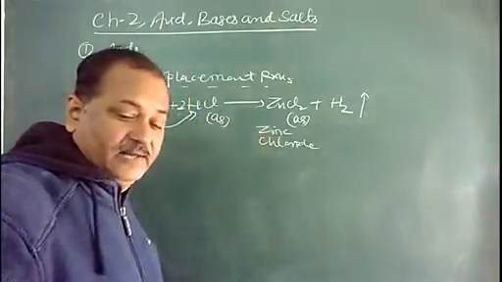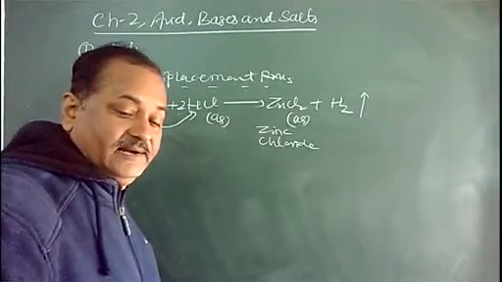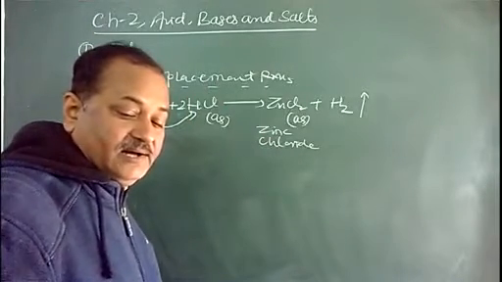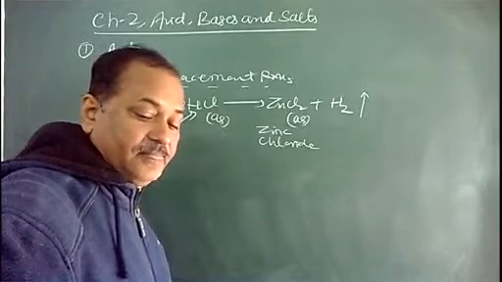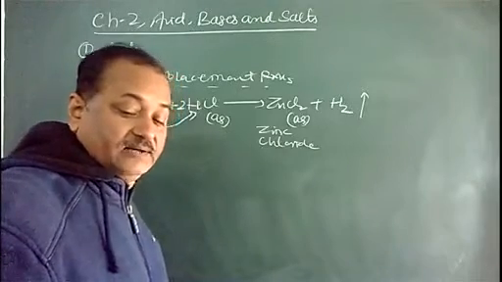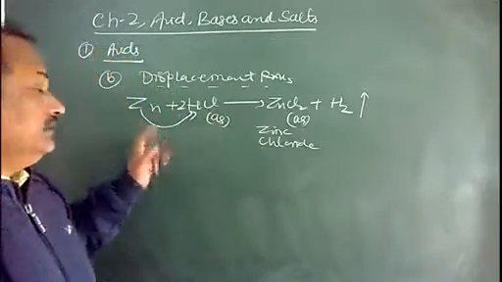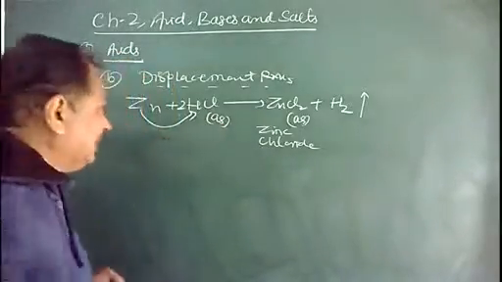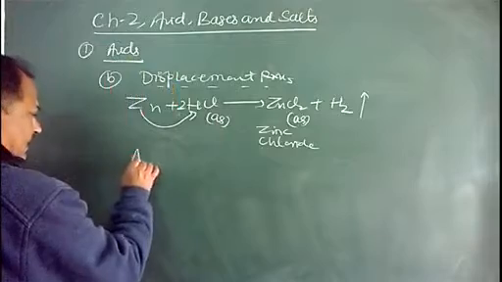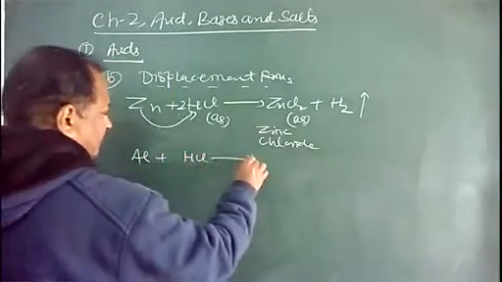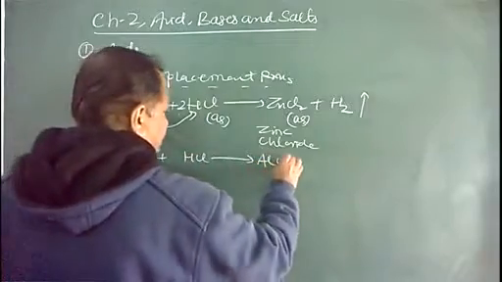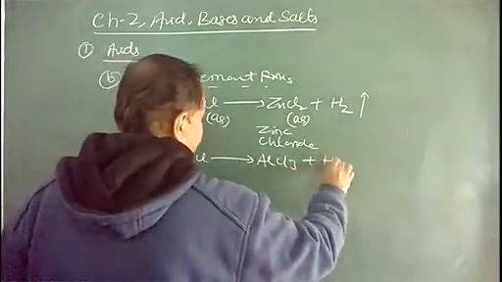This is called a displacement reaction, children, and in a displacement reaction there is the displacement of the hydrogen by the metal. We can take aluminium plus HCl. There is formation of AlCl3 plus hydrogen.